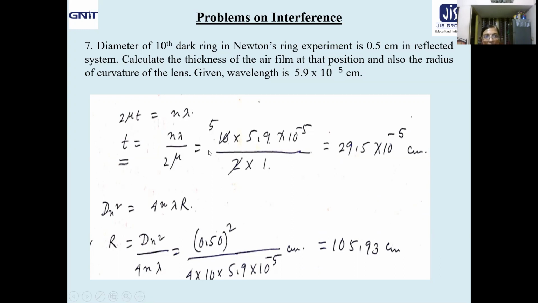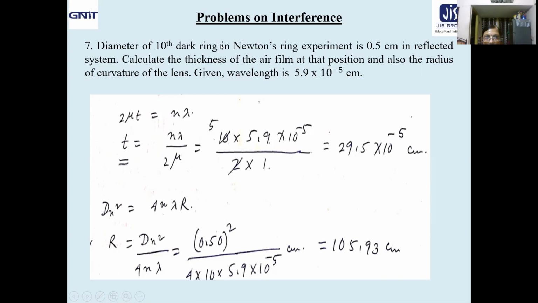Now n is given as 10, lambda value is given, and mu, it is air film mentioned, so mu will be 1. You can find out very easily the thickness. Actually, these types of problems may come in the form of MCQ because this is a direct formula problem. Just put the data, you will get it. Clear?